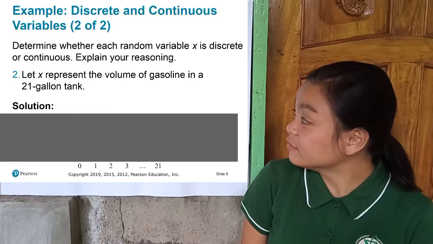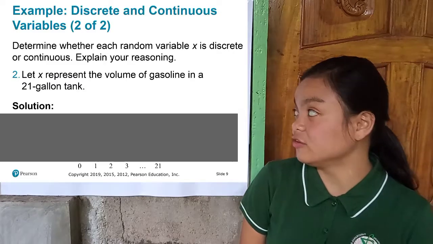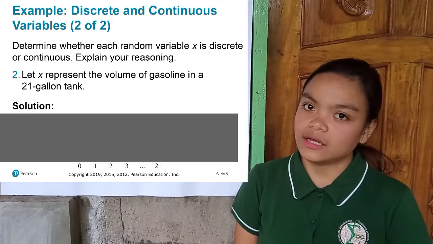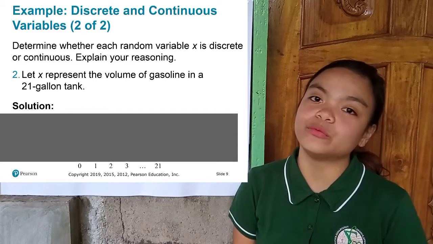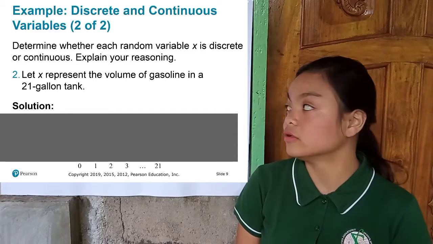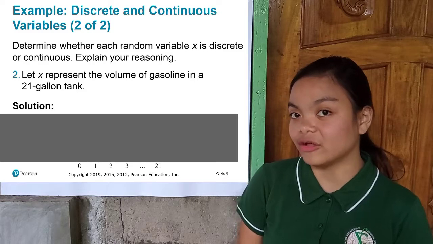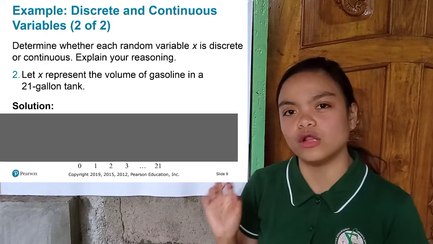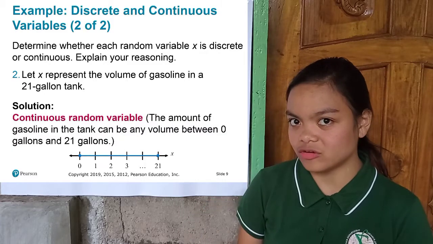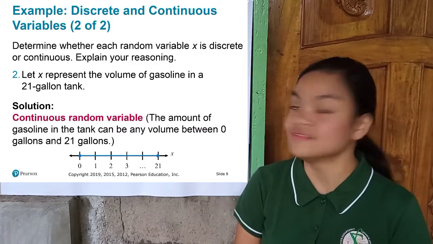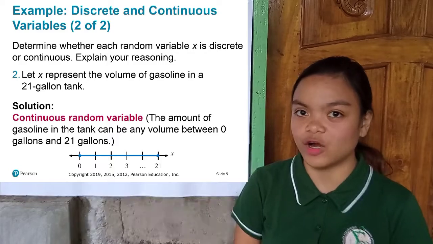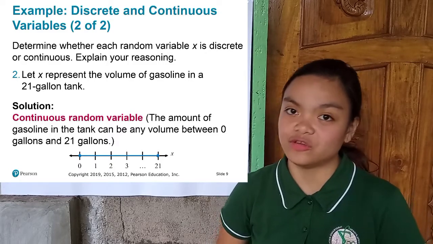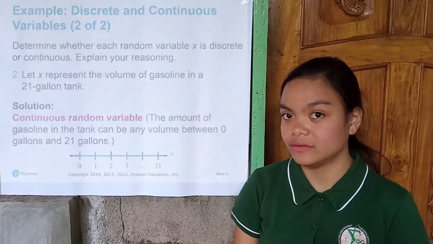Let X represent the volume of gasoline in a 21-gallon tank. Is this a discrete random variable or a continuous random variable? Can X be counted or is X measured? Now here X represents volume, and volume can be measured. Therefore, X is a continuous random variable. X can be in the interval 0 to 21.